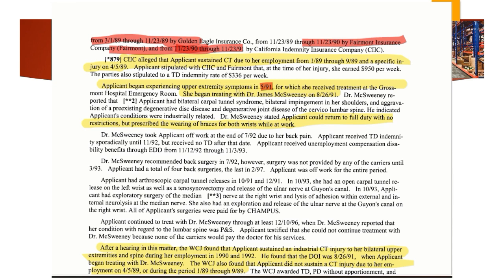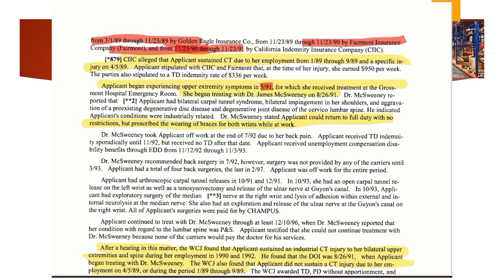So let's follow this case. She began experiencing symptoms in 5/91, for which she received treatment at the hospital emergency room. So there was a hospital emergency room visit in May of 91, and then on an industrial basis, she began treating with Dr. McSweeney on August 26, 91.